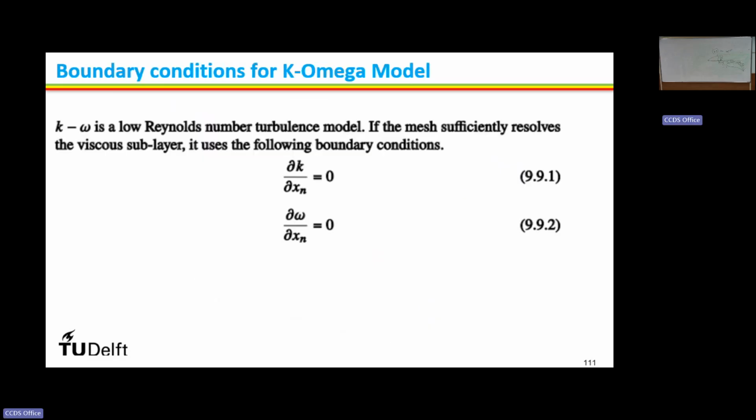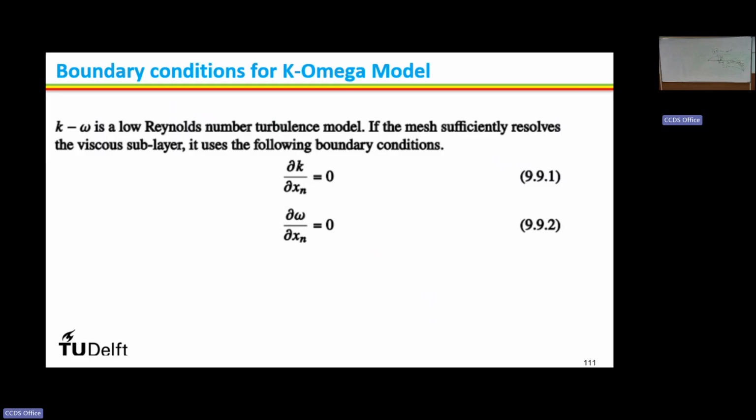Again, the boundary condition for K and the boundary condition for omega we need, as discussed earlier. K omega model is by default a low Reynolds number turbulence model. It integrates omega up to the wall. What boundary condition does it use at the wall? It uses the Neumann boundary condition for omega at the wall.